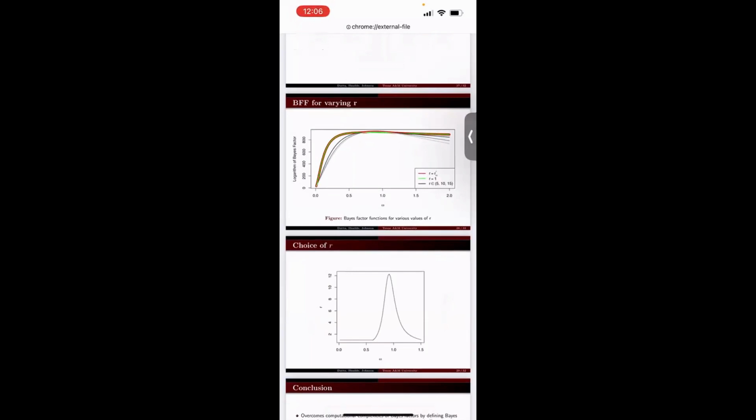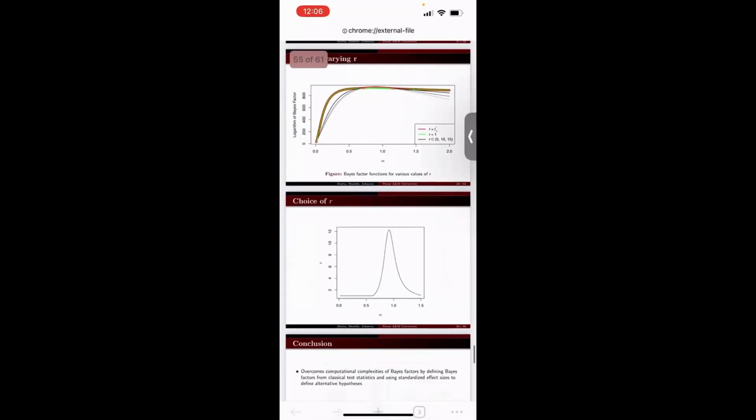But when the effect size is very close to 1, that is around 0.8 or 0.9, the logarithm of the base factor between the map estimate of R and R equals 1 differed by 0.2 or 0.3. So if you exponentiate it, we get quite a difference. So you cannot obtain the maximum evidence using R equals 1 in that case. But in case you did not have any notion regarding the variability of R, you could choose R equals 1. But in order to gain the maximum evidence, you have to choose the map estimate of R.